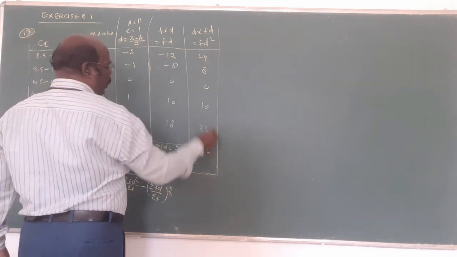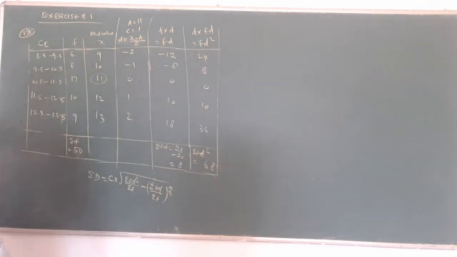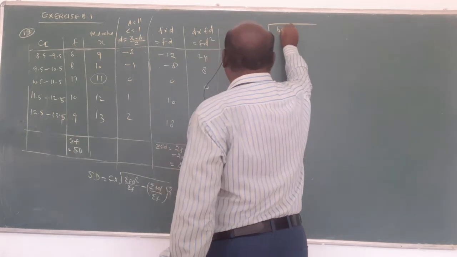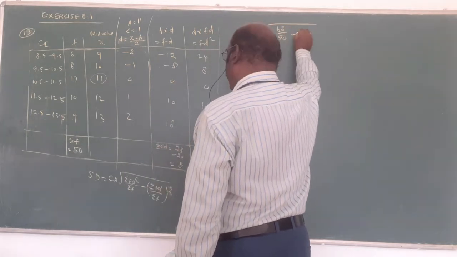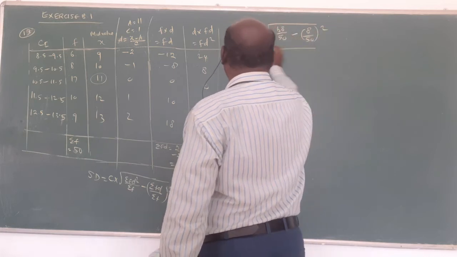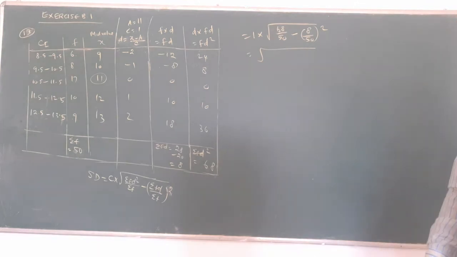Now adding 18, 4, 5, 6, 68. The same formula only. In the formula, c is 1 into root of 68 by 50 minus 8 by 50 whole square. 1 need not write. It's 68 by 50. Divide.